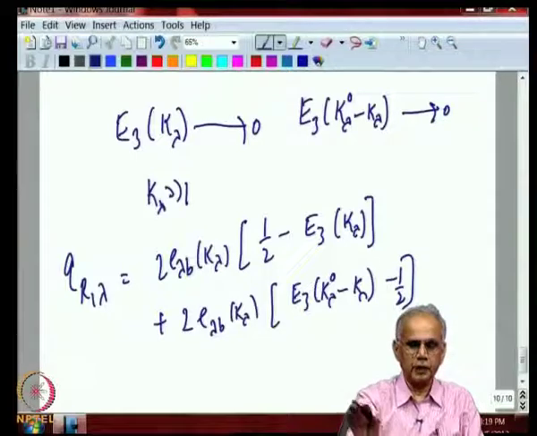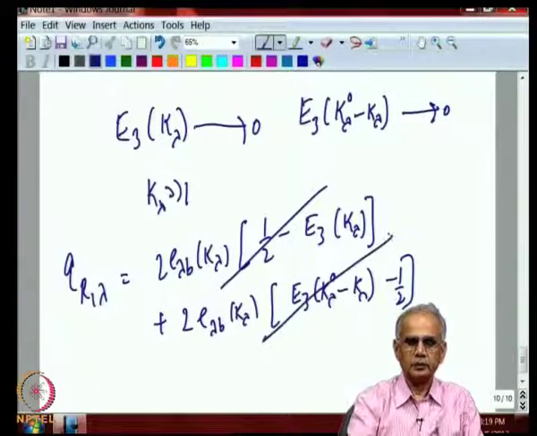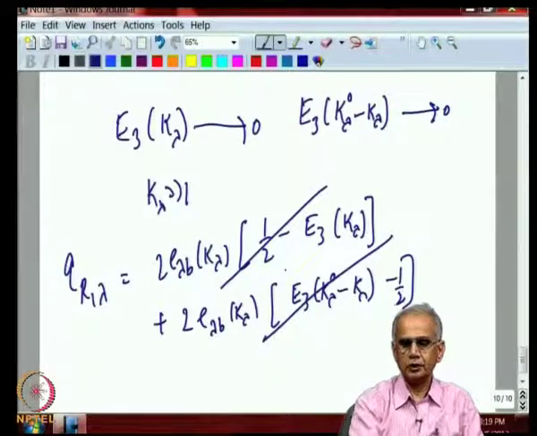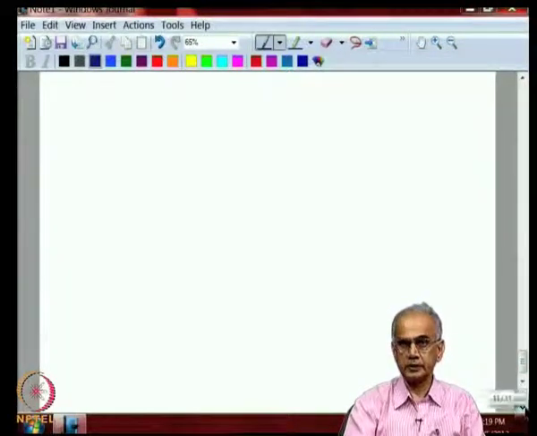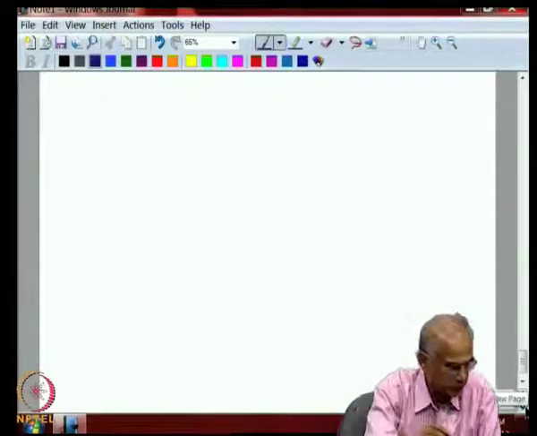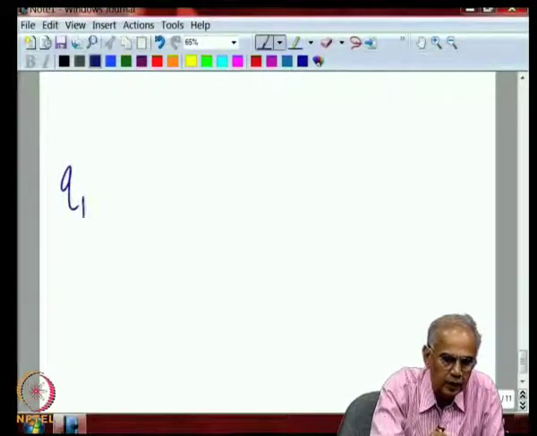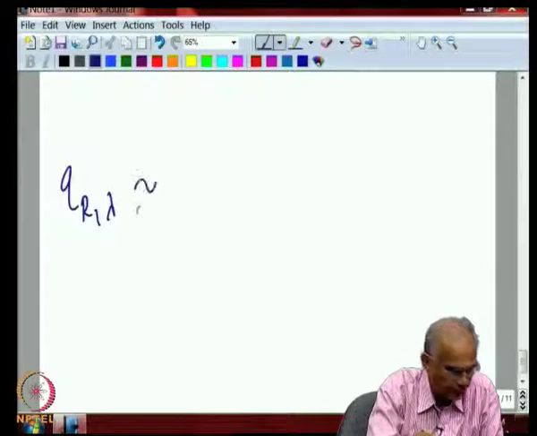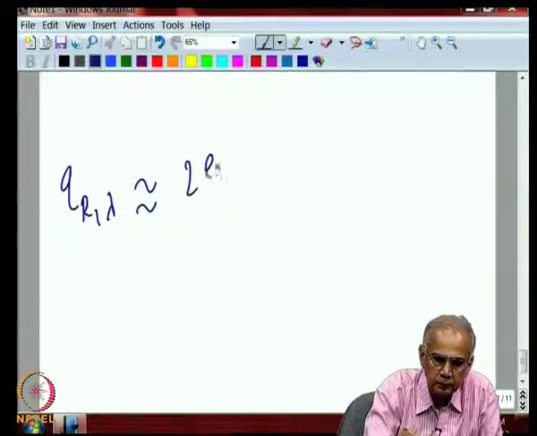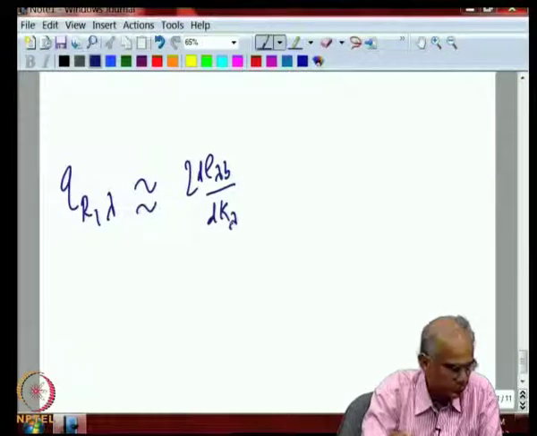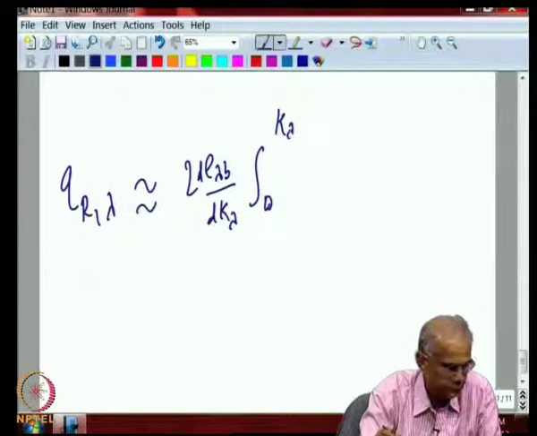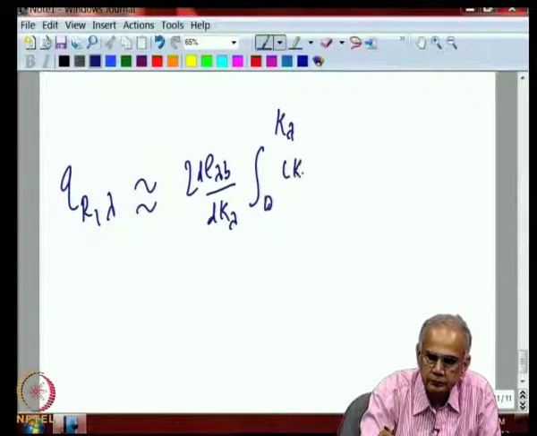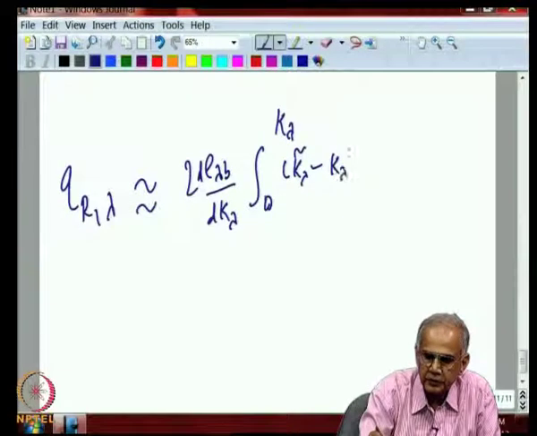So, two of them are gone because they are small, and these two because they are cancelling. So, you will be left only with two terms involving gas radiation, so q R lambda is approximately equal to the two expressions representing gas emission.